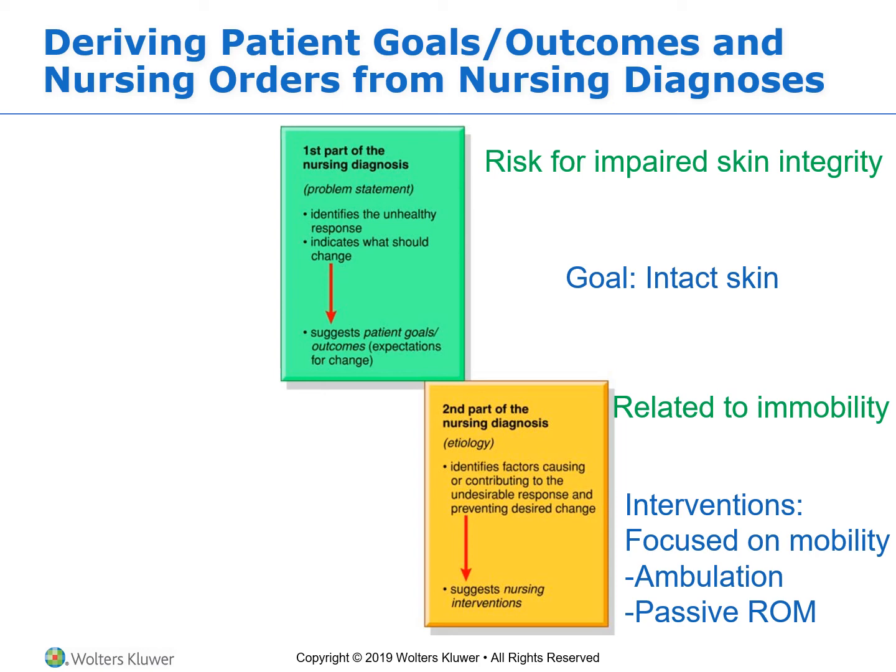So it's related to the immobility. So our interventions will be focused on what caused us to be immobile, because if we can improve the mobility, then we can decrease our risk for the impaired skin integrity. So our interventions, again, are focused on mobility, ambulation, and passive range of motion.